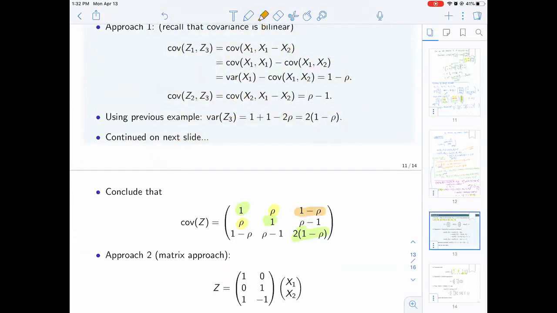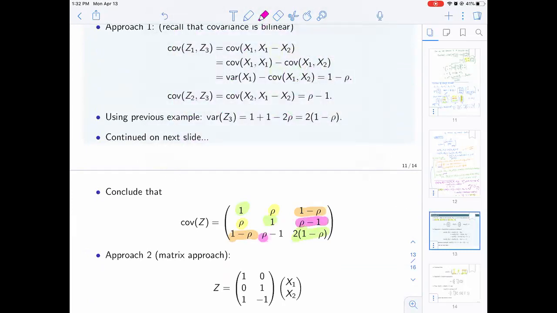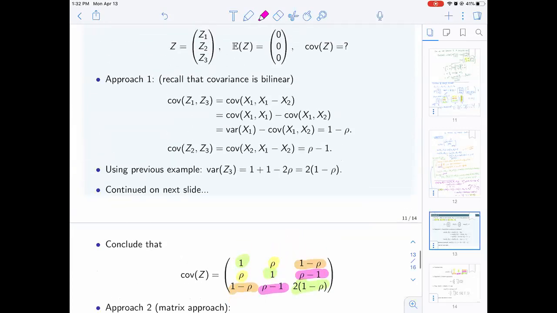If I compute this, this should be equal to this. And if I compute this, this should be equal to this. So half of the off-diagonal elements are enough. You can compute either one, and the other one is determined. Good point. So this would be, for example, equal to the covariance of Z3 and Z1. This would be equal to the covariance of Z3 and Z2, and so on.